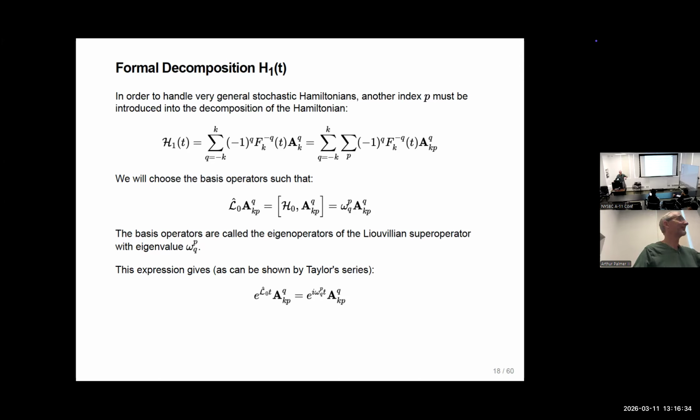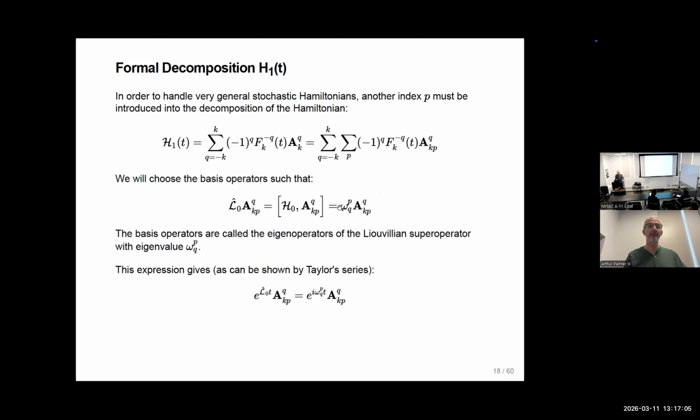So their rotational properties around the z-axis are very different. So we introduce another variable P, whose only purpose is to keep separate operators with the same coherence order Q, but different eigenfrequencies. And the eigenfrequencies are the eigenfrequencies of the commutation superoperator.